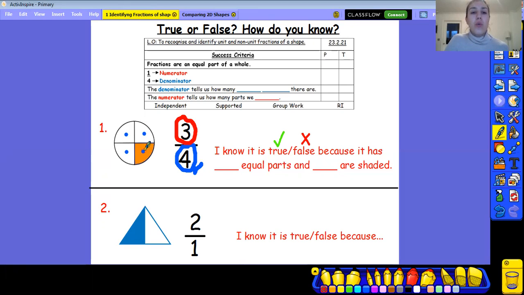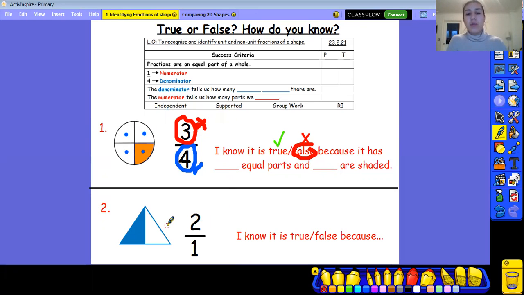Well done. So was this true? No, it was not true. And we say, I know that this is false because it has 4 equal parts and 1 is shaded. And I need to say that it needs to have 3 parts shaded.